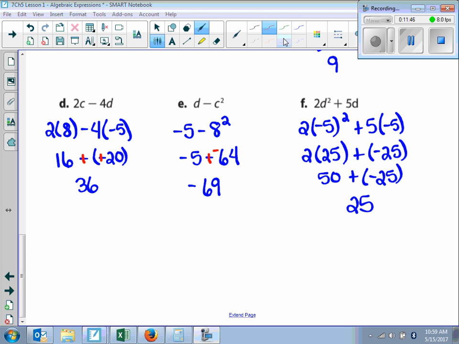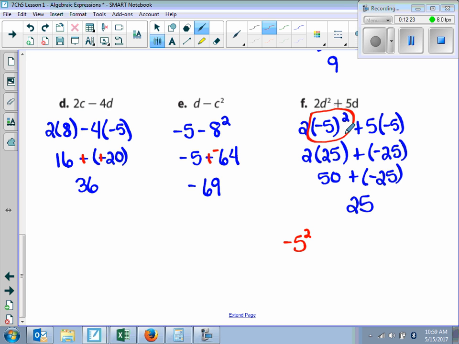You guys, you noticed when I was saying it's very important, don't forget your parentheses, right? Now here, if I'm looking at, let me use red, if I'm looking at this right here, I said the exponent goes on the outside of the parentheses. Now, I want to show you what will happen if you put that exponent on the inside of the parentheses. So on the inside of the parentheses, that would be negative 5 squared, right?